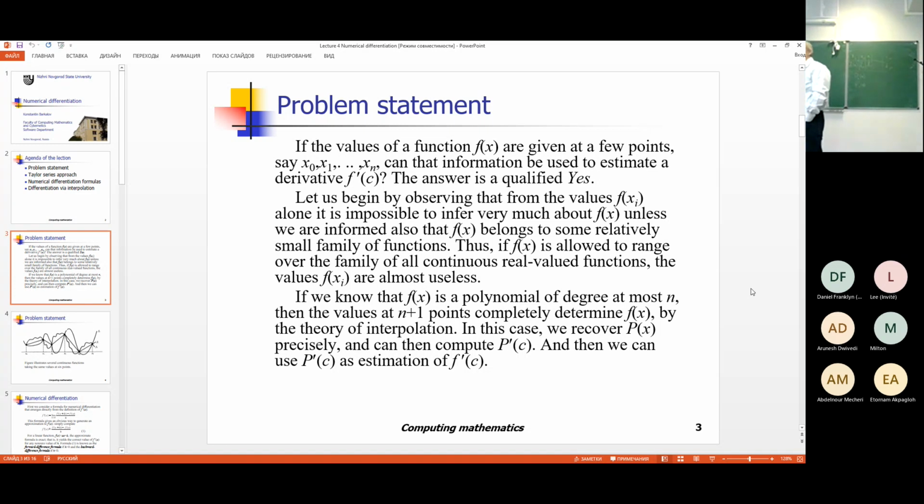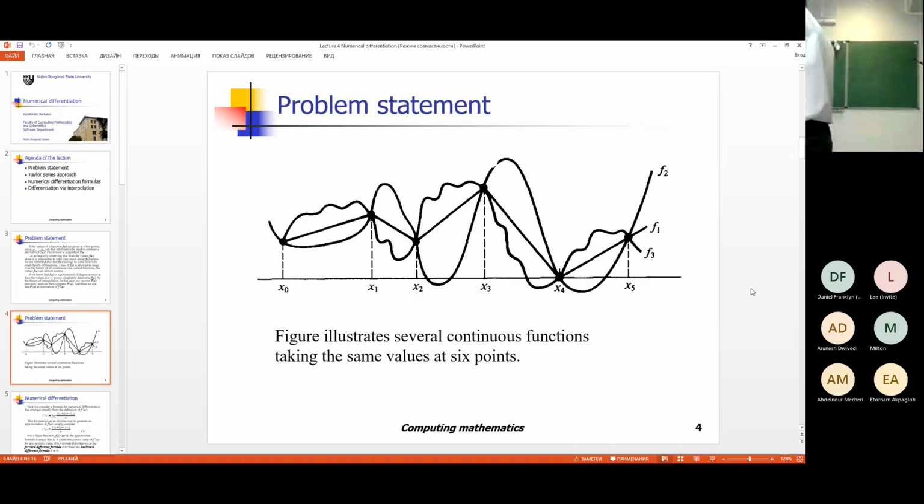And we can say that this derivative will be more or less the same as f prime of x. f of x is unknown. But we know that Pn of x is an approximation of f of x. That's why we can say that P prime of x will be an approximation of f prime of x.